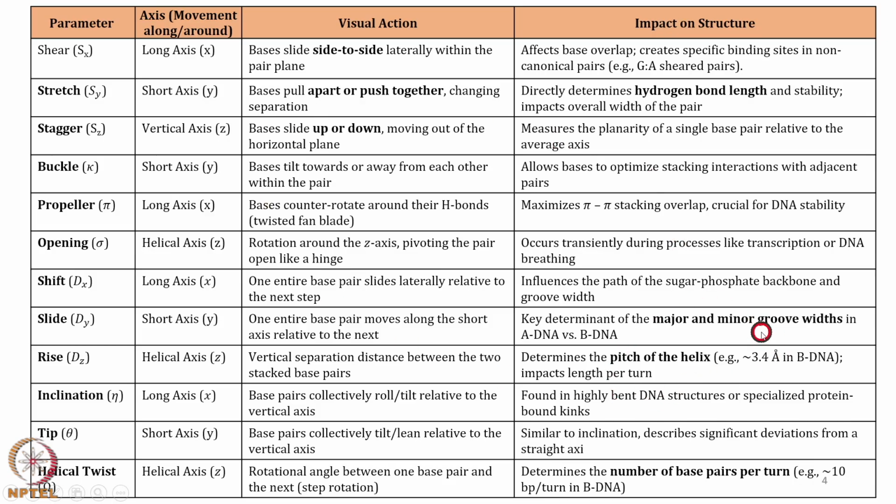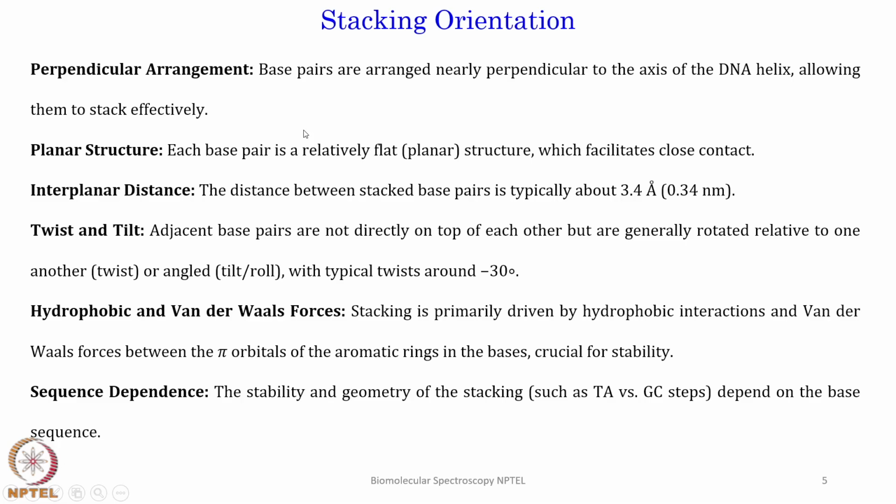Helical twist determines the number of base pairs per turn, like 10 base pairs per turn in B DNA. So, these interactions are optimized to determine the structure, the major groove and minor groove structure, the hydrogen bond length, and so on. So, base stacking is an important structural parameter.